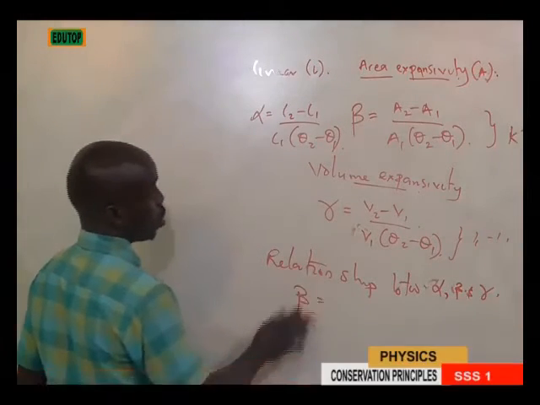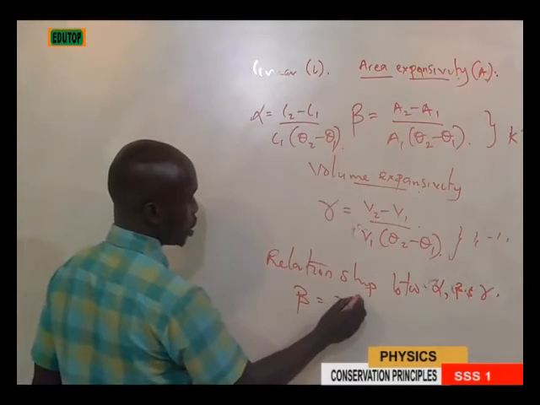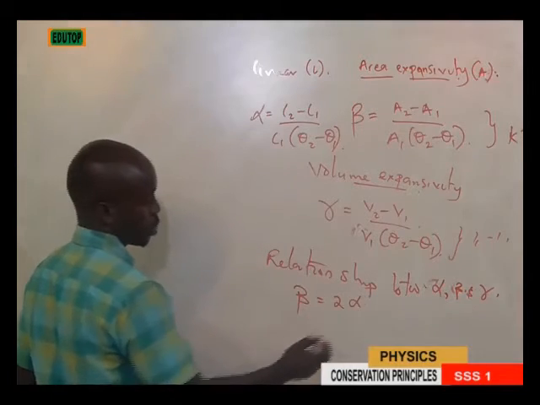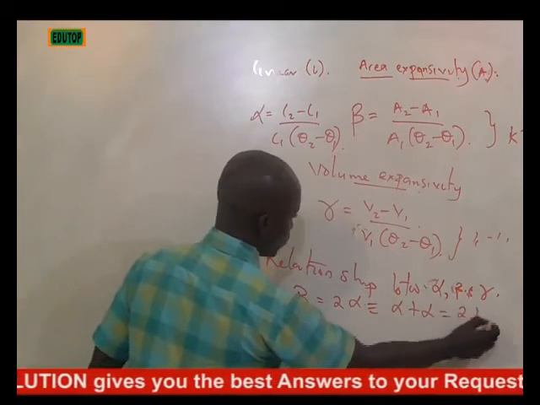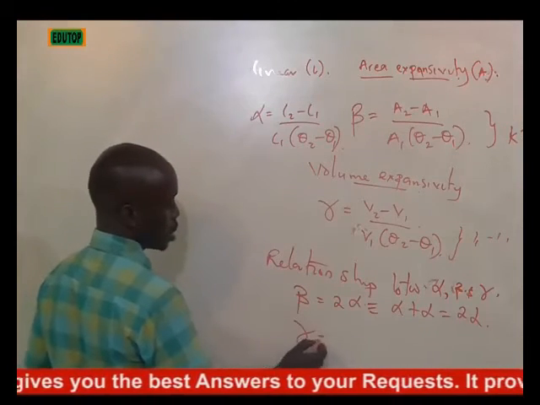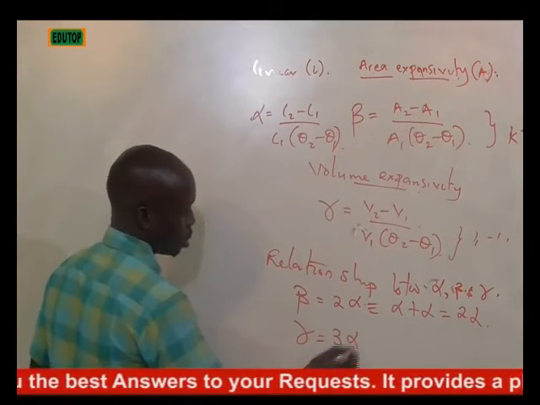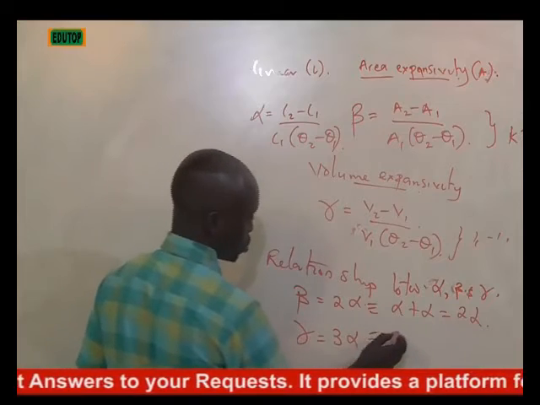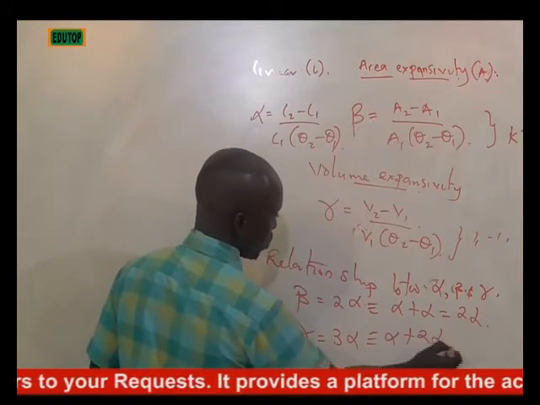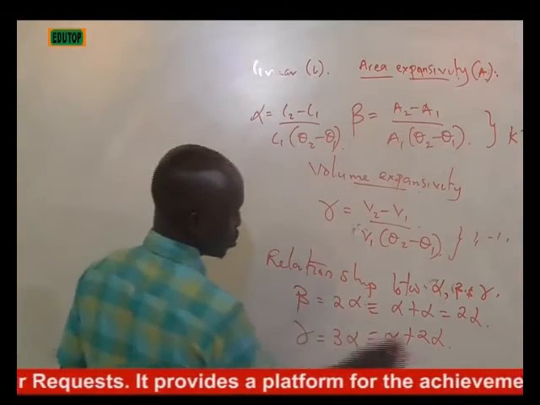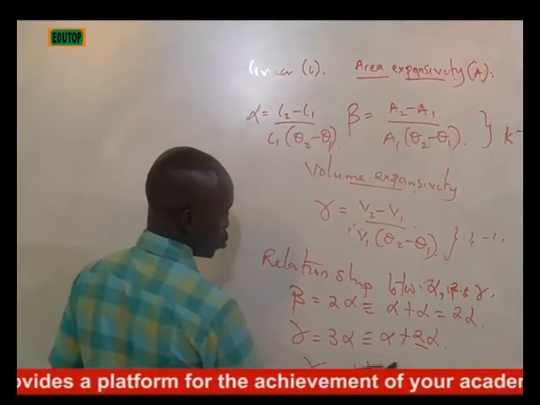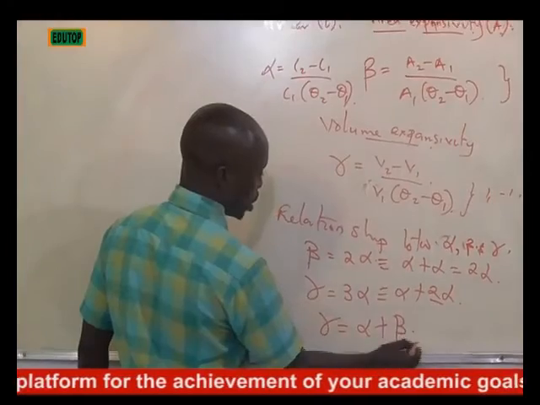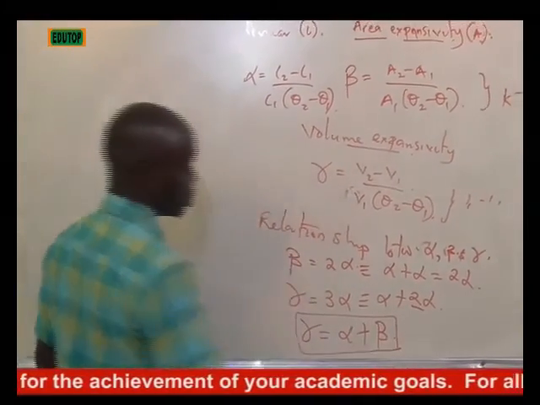Beta, your area expansivity, is always given as 2 alpha, which is alpha plus alpha. While gamma is given as 3 alpha, which is alpha plus 2 alpha. Now because beta is 2 alpha, you can say gamma is alpha plus beta. This is a very good relationship between gamma, alpha, and beta.